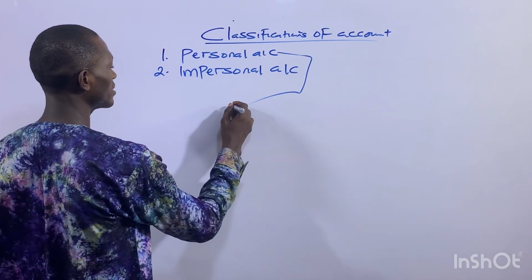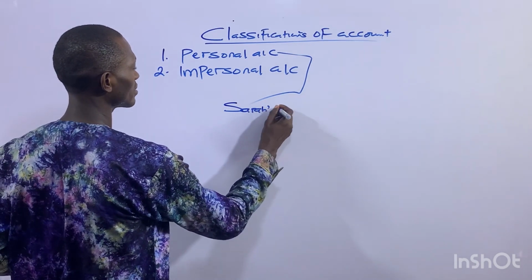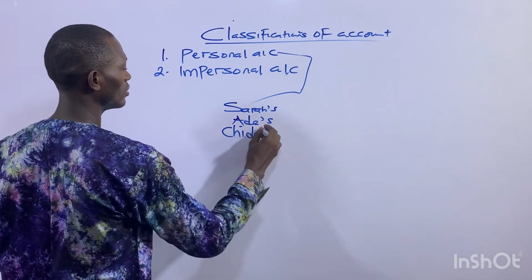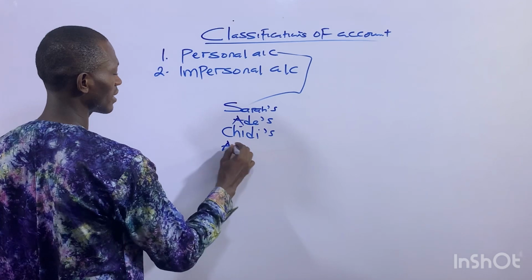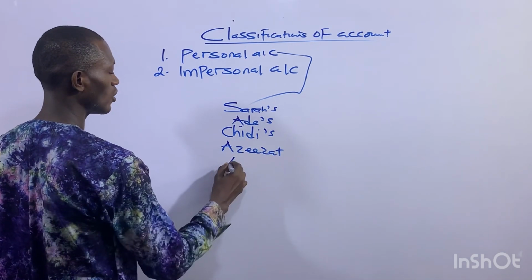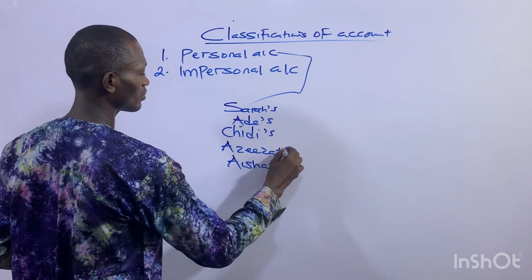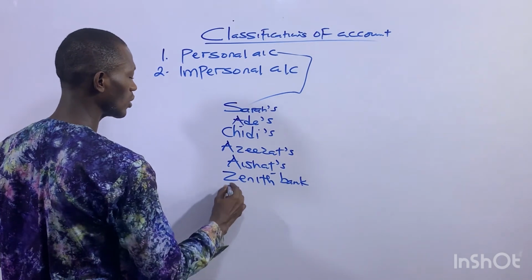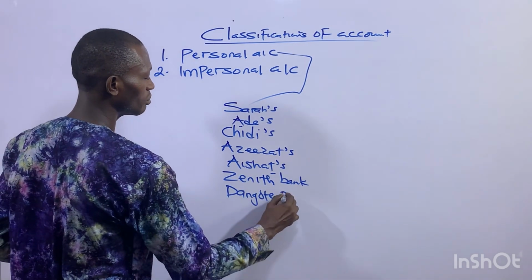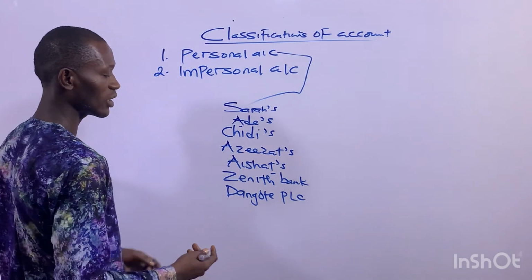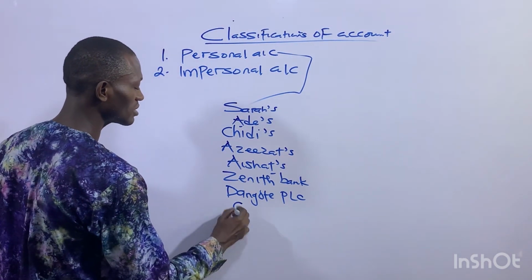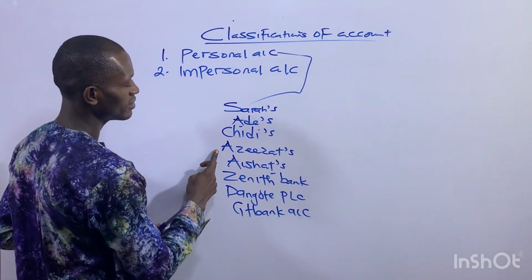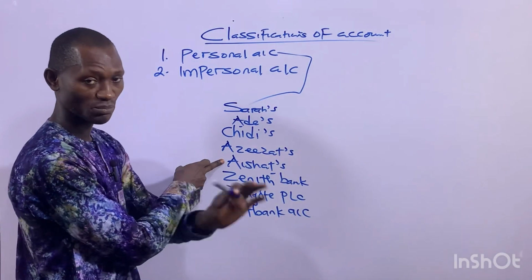We could have Sarah's account, Ade's account, Chidi's account, Azizat's account, Aisha's account, Zenith Bank account, Dangote PLC company account, GT Bank account, and the list is endless. From Sarah to Aisha, they are natural persons' accounts, that's individuals.